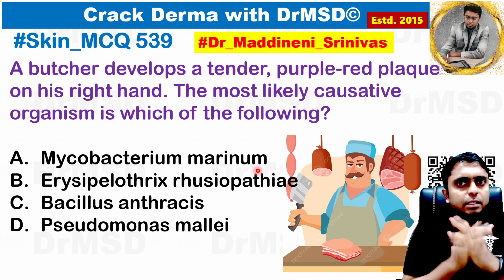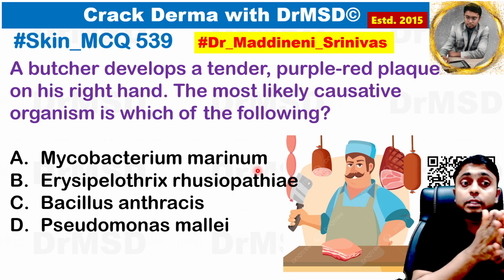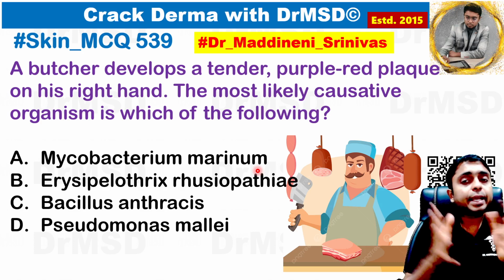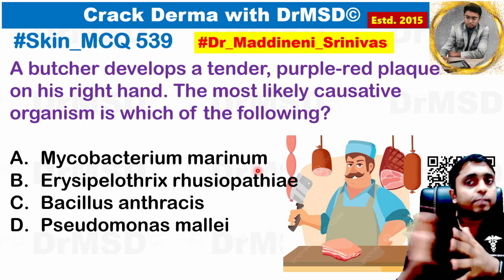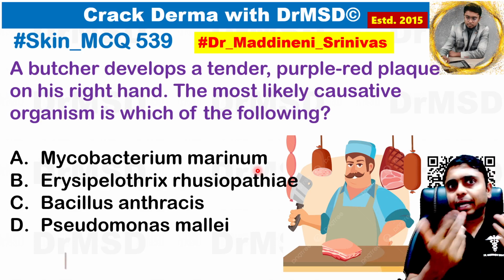Nothing like that is mentioned in this question, so that is not the answer. Also the occupation is butcher, not the person who is taking care of a swimming pool or a fish tank. The next one is option C, Bacillus anthracis.